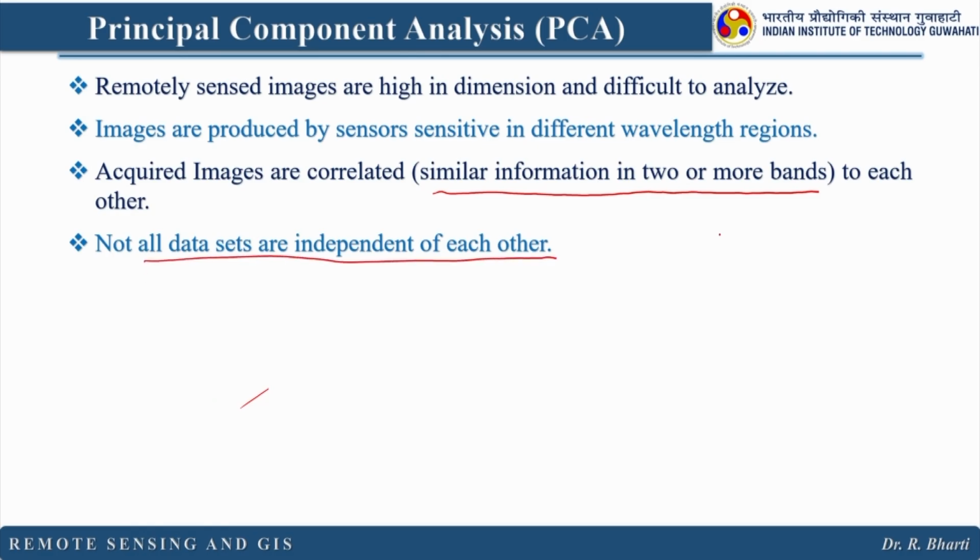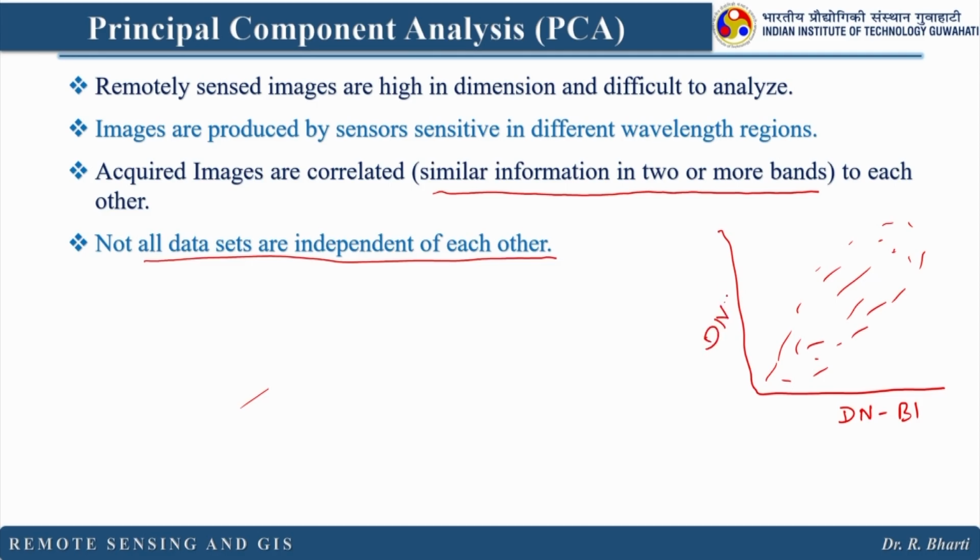So if you plot band 1 versus band 2, you will find it is coming like this, right. So the DN value of band 1 and the DN value of band 2, right. If you plot them, band 1 and band 2, basically we are starting from green and then red.